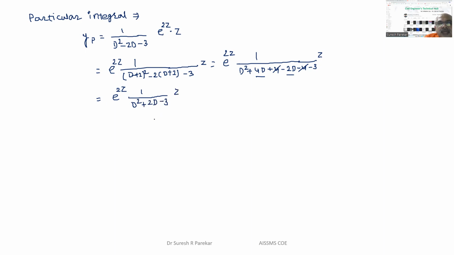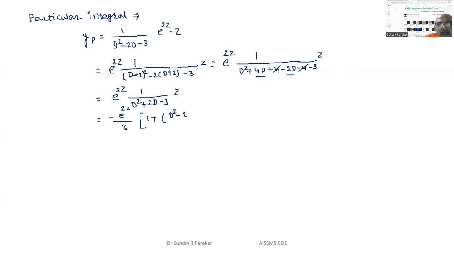z. So we have to make it in 1 plus or 1 minus x to the power minus 1. So we will take minus 3 common. So minus e to the power 2z upon 3 in bracket 1 plus. Now I am writing directly, you have to go to basic video of this.